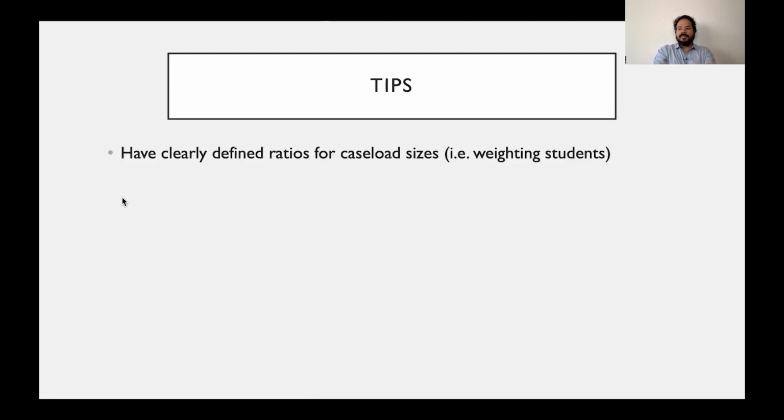And then a student with a behavior support plan and lots of ILP goals might be a 1.5. Your average kid in the learning support class might be a 1, and maybe a DP student would be a 0.75 or a 1.25, or whatever it is. But you can't just say, oh, he has 15 kids and she has 15 kids, that's equal.